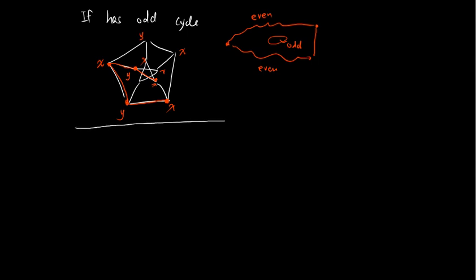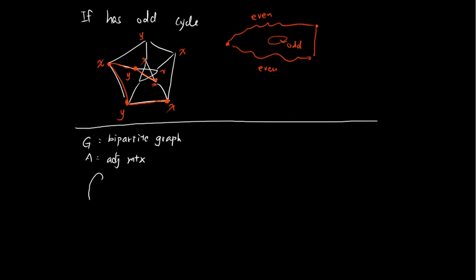Now there is another interesting thing about the adjacency matrix. So suppose G is a bipartite graph, and A is its adjacency matrix. So what we have is G can be written as X and Y, and all the edges are in between.